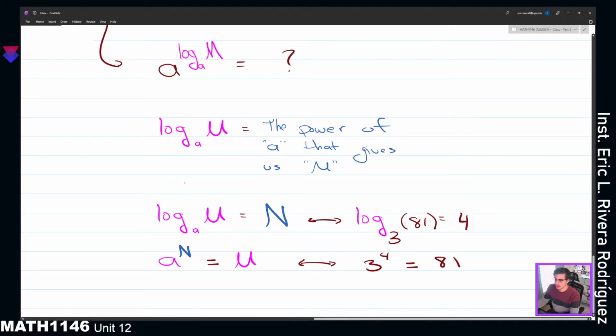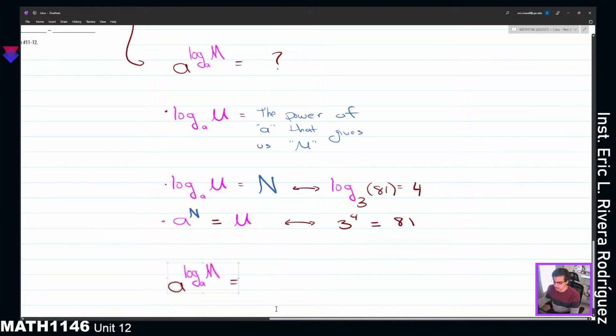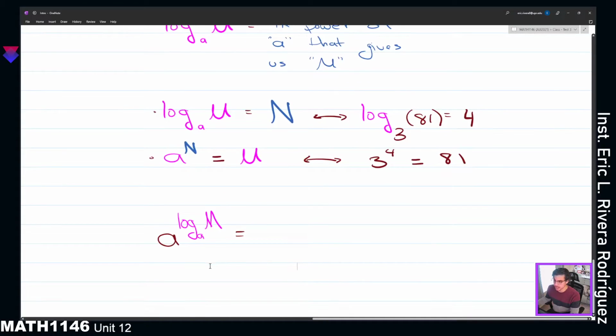Okay, so that helps us to understand now the exponent log base a of m. Now, let's finish this part. When we use log base a of m as the exponent of a, what will this be? Well, we know that log base a of m is equal to n, and n is just the exponent of a that gives m.